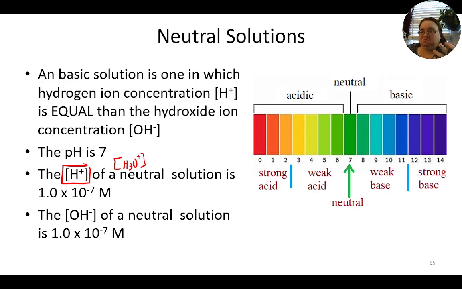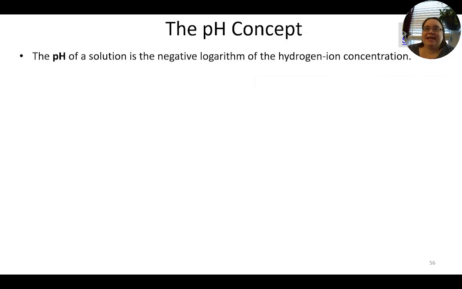So, a little bit more information about it, but we haven't said how we calculate pH. So we know that pH is a measurement of the concentration of hydrogen ions. That's its definition. Well, the way it is calculated is by taking the negative log.